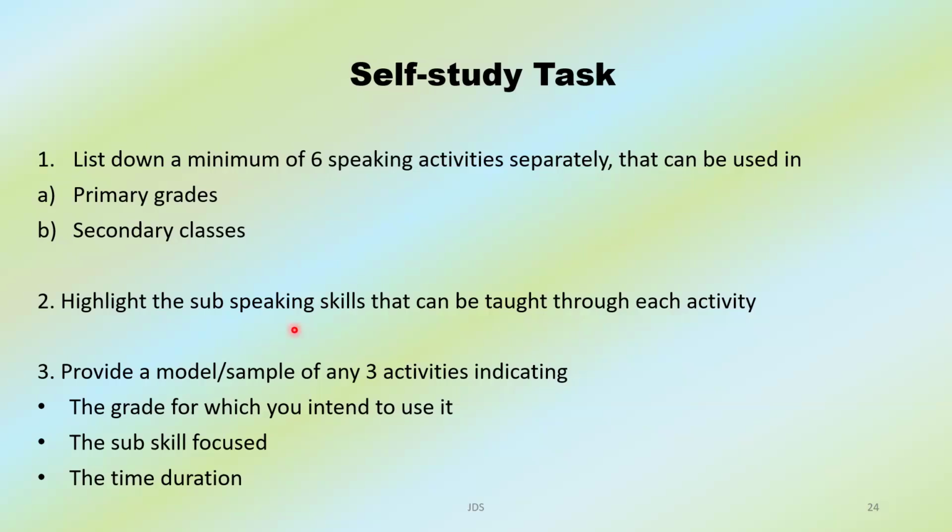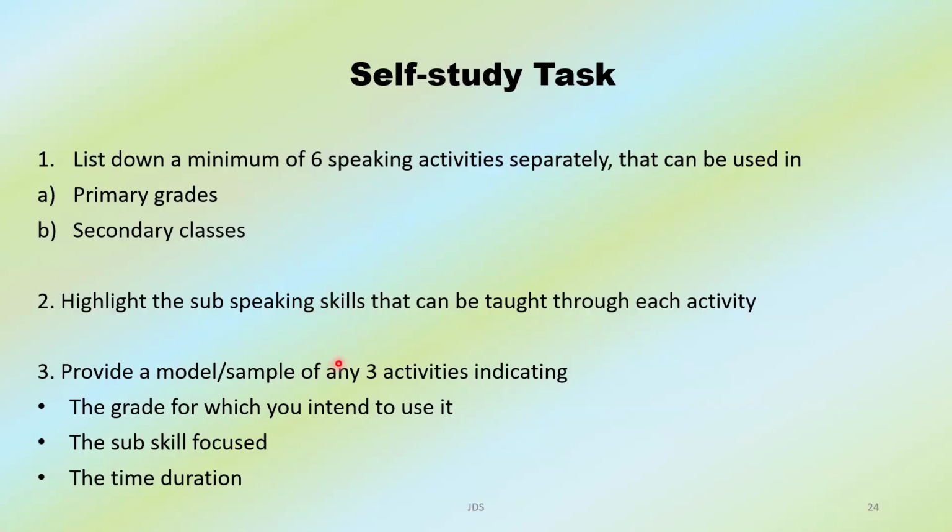They are requesting only the sub-speaking skills, not the exponent or something else. It has to be at least 2. It's in the plural form. So if you say loud reading, you can mention pronunciation, suprasegments.